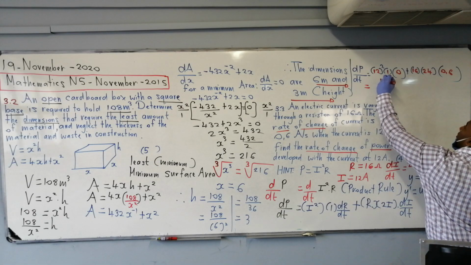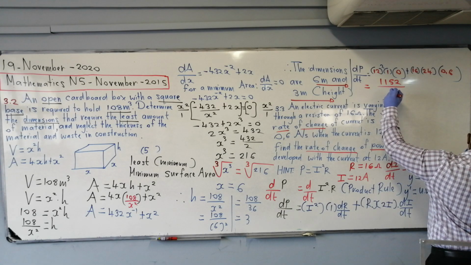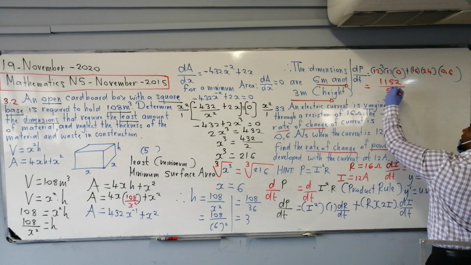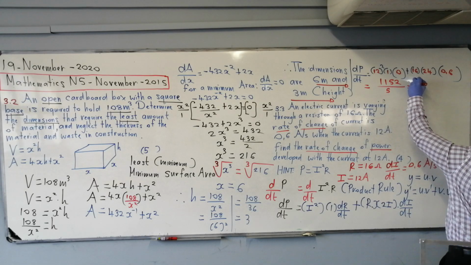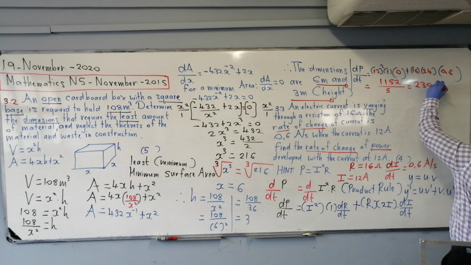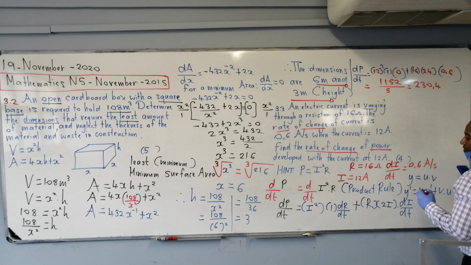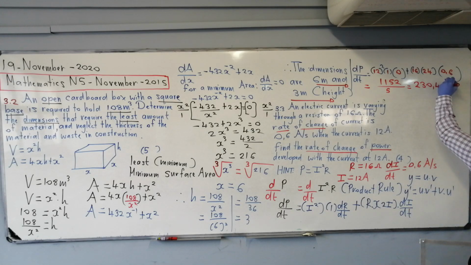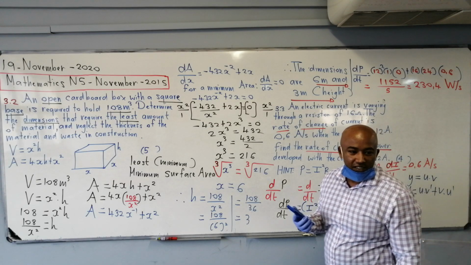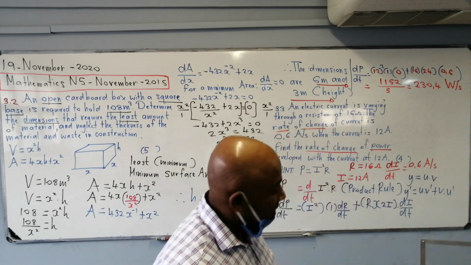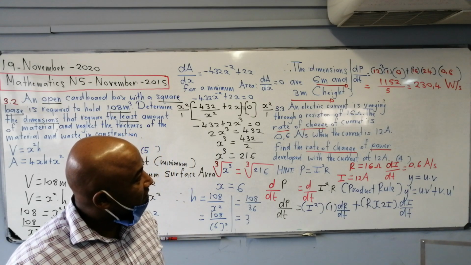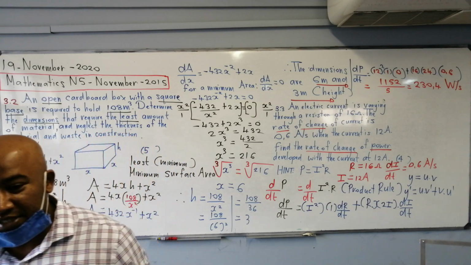So I'm getting 1152 divided by 5, which is equal to 230.4 watts per second. Because power is in watts. Okay. I got that 230.4, because the first term there is straight to 0.